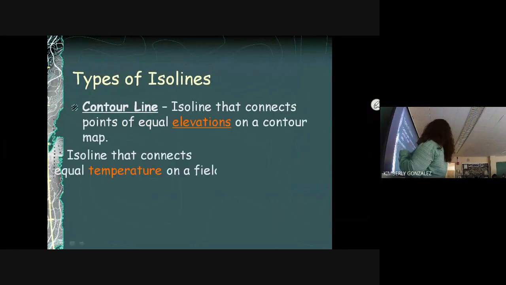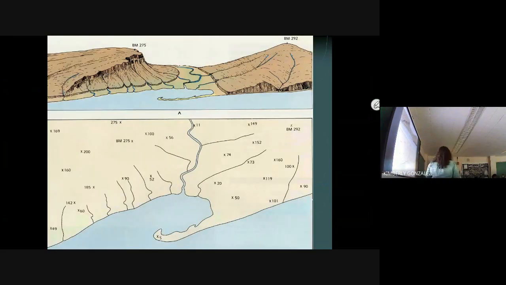So, all right, we have contour lines, isotherms, isobars. This map right here, on top, shows the actual landscape.